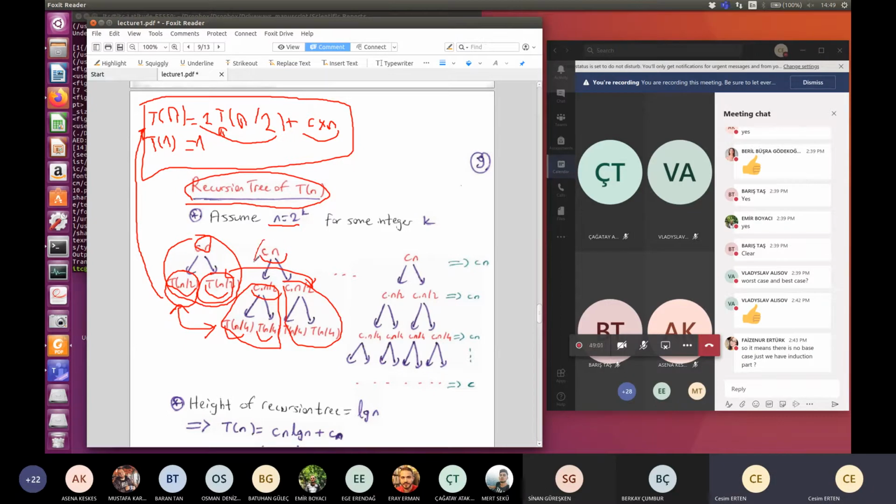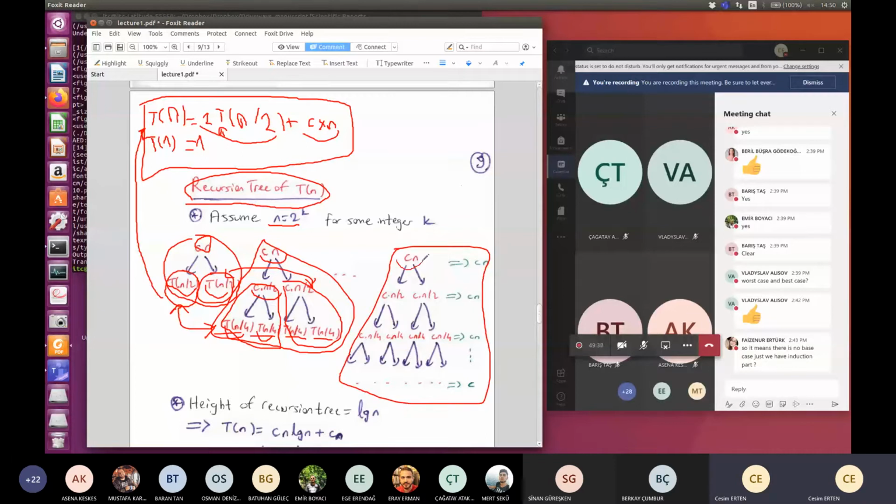Now notice that if I sum up all the terms in this tree, it still gives me T of n, because I have Cn plus each of these little trees corresponds to T of n divided by 2. So I have Cn plus 2 times T of n divided by 2. Now imagine doing this expansion for these T of n divided by 4 terms as well, and then keep on doing those expansions. At the end, we will get a tree similar to this.